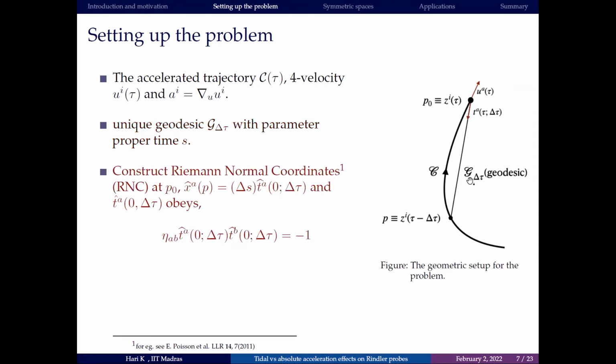We construct Riemann normal coordinates at P0, our base point. These are standard definitions from Riemann normal coordinates, and we construct a coordinate Z^A equal to our Riemann normal coordinates to obtain this equation. Here we relate tau geodesic to tau acceleration.